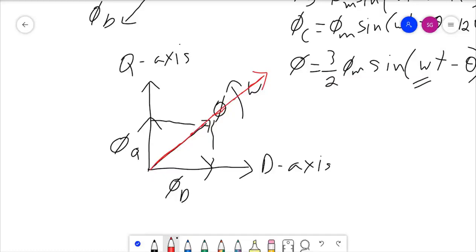This is my d-axis, and quadrature to this will be my q-axis. I have represented these with small letters. You can remember that small letters are for a rotating reference frame. If we sit on this flux, then we will not experience its speed. It will be fixed.